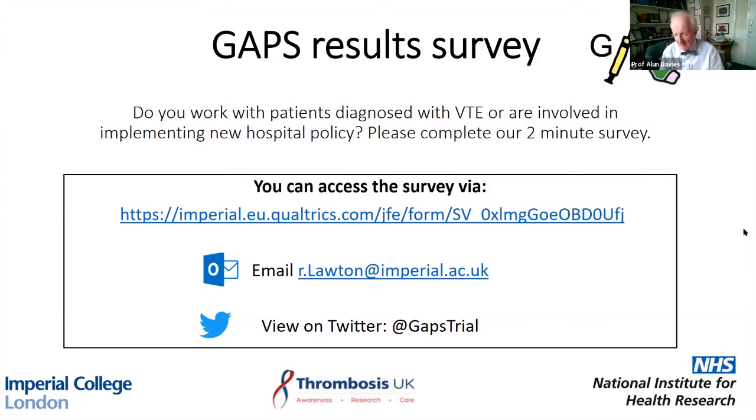When we were setting up the GAPS trial, we did talk with a few obstetrician colleagues about including obstetrics, but decided that it was going to be too difficult with people not really having equipoise in various different units. My own view is that it is undoubtedly an area where you could rerun the GAPS trial.